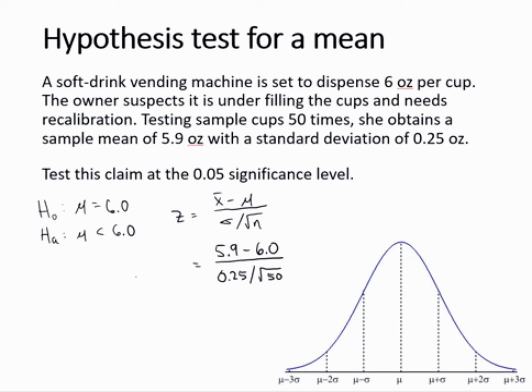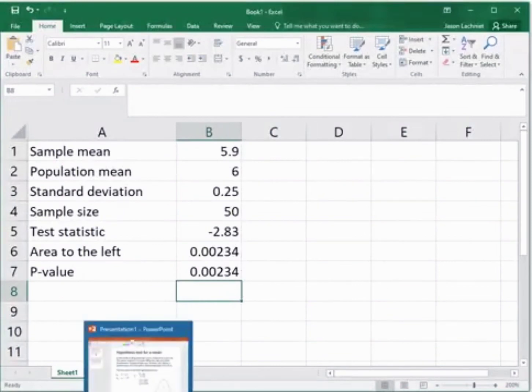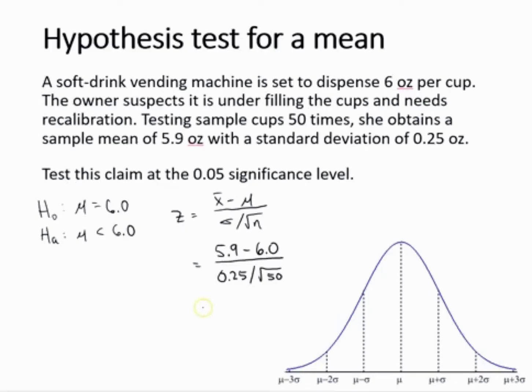So we came up with that test statistic of minus 2.83. So we're looking at a left-tailed area somewhere out here, almost 3 standard deviations below the mean for that test statistic.